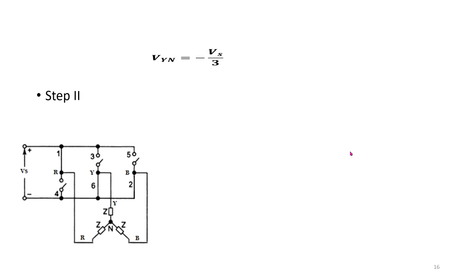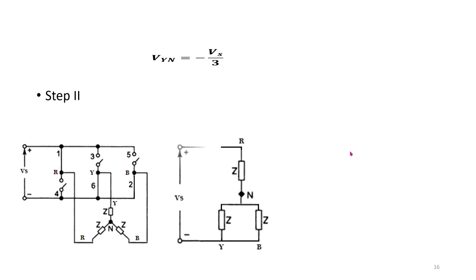In step 2, where T1, T6, T2 is conducting, what will happen? We need to draw the equivalent circuit first. You can see that in this case T1 and T6, these two are short.